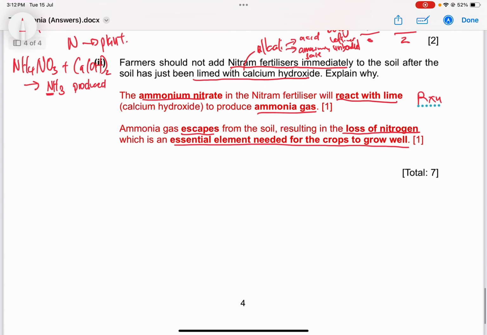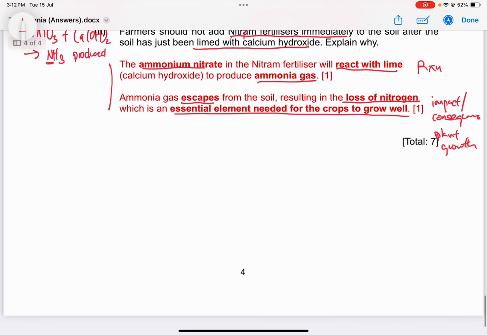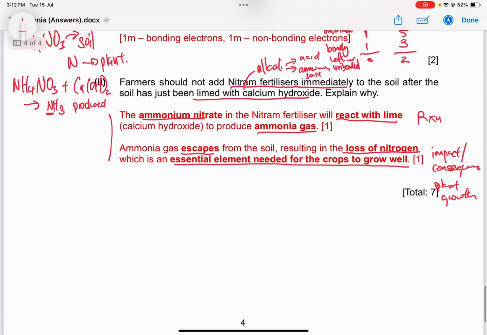So this is the answer. Take note, one part is the reaction, and the other is the impact or the consequence, in the context of the question about plant growth. Okay, so that's all for ammonia.